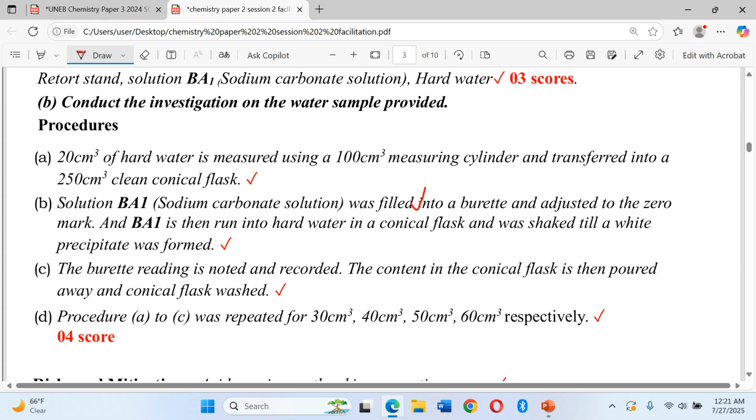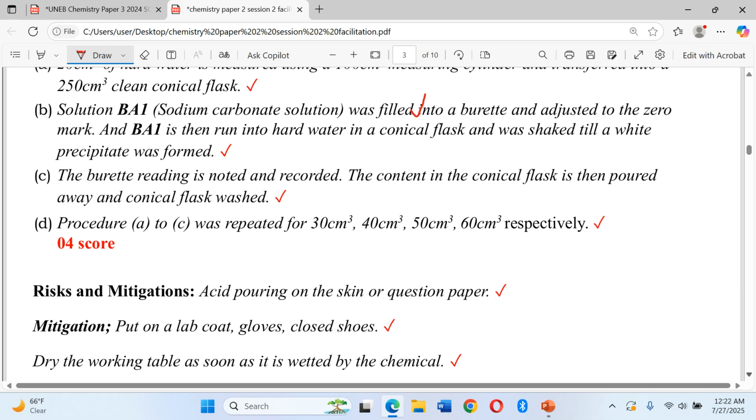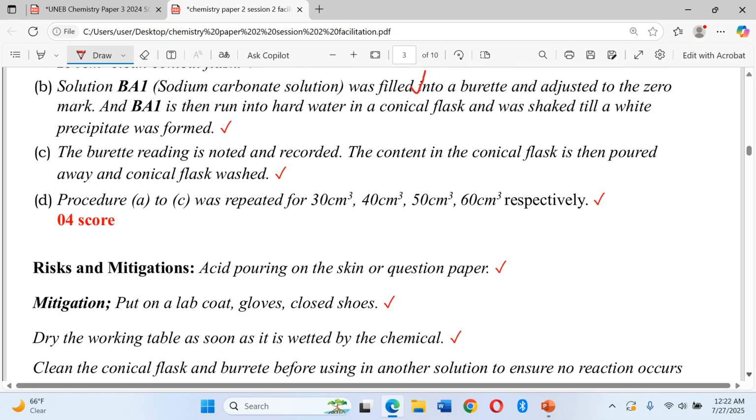The first time 20, the second time 30, then 40, 50, like that, so that you can get a number of readings, looking at how much sodium carbonate is needed for each. So the procedure A to C was repeated for 30, 40, 50, 60 respectively.